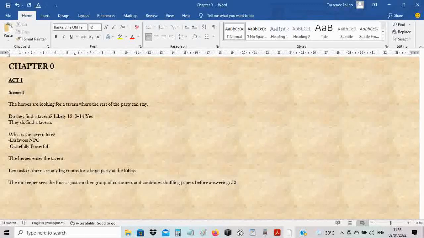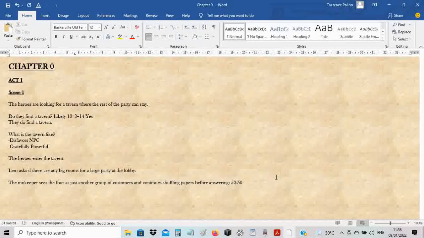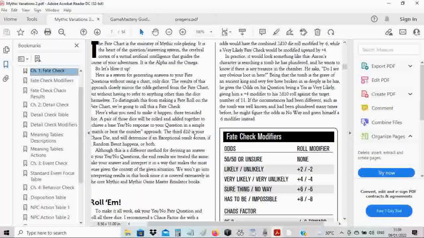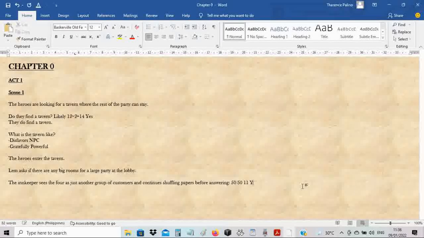We're not sure if they'll offer lodgings to strangers, of course. 11. Okay. Just need to make sure. 11, then yes. So, okay then. Now let's try something else.